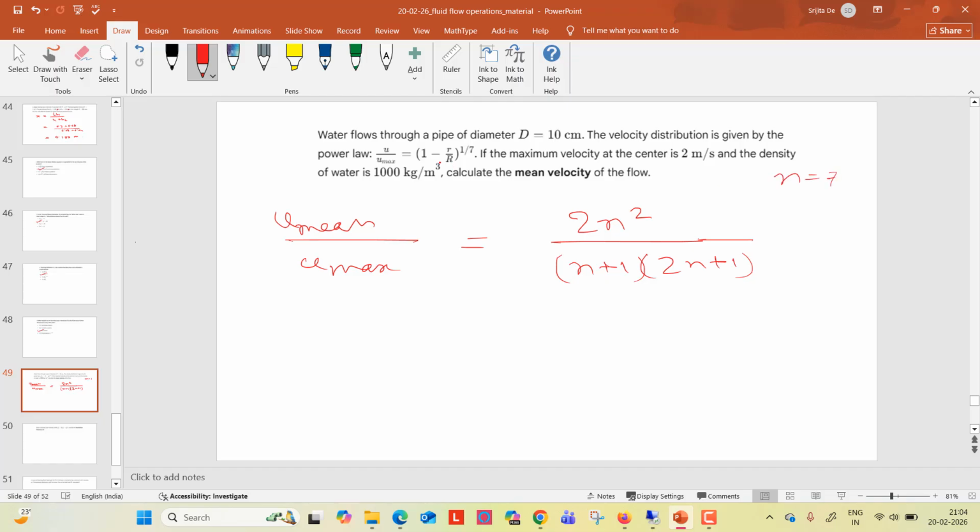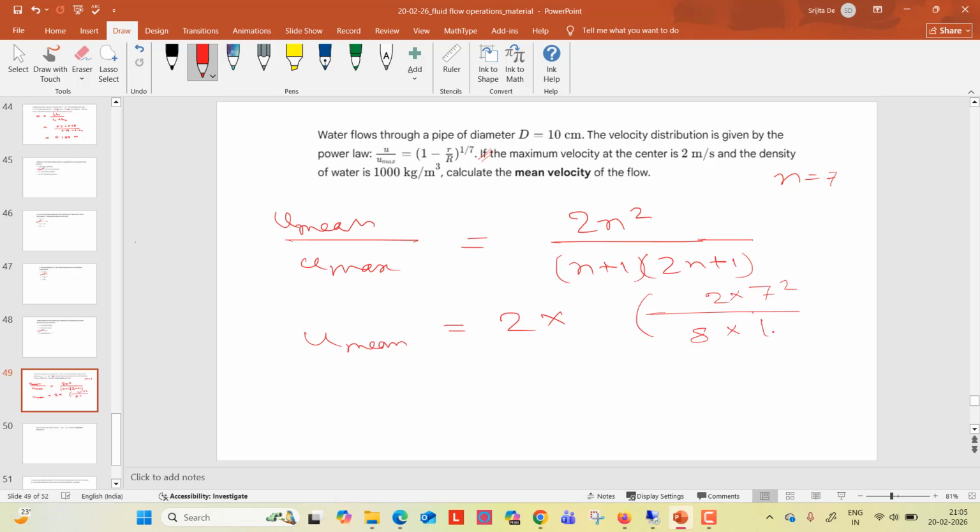So it will come as u mean equals 2 into 7 square by (7 plus 1, that is 8) into (7 into 2, 14, plus 1, that is 15).